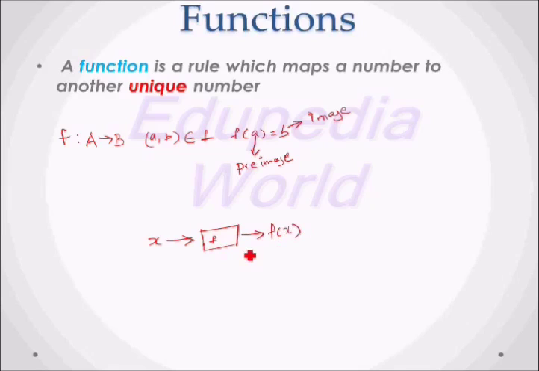The variable x is called the argument, and the variable f of x is called the range. x is also called the independent variable because it is the unaffected variable, whereas y is affected by variable x, and hence it is called the dependent variable, which is a result of the function. If the value of x changes, we can have a corresponding change in f of x.